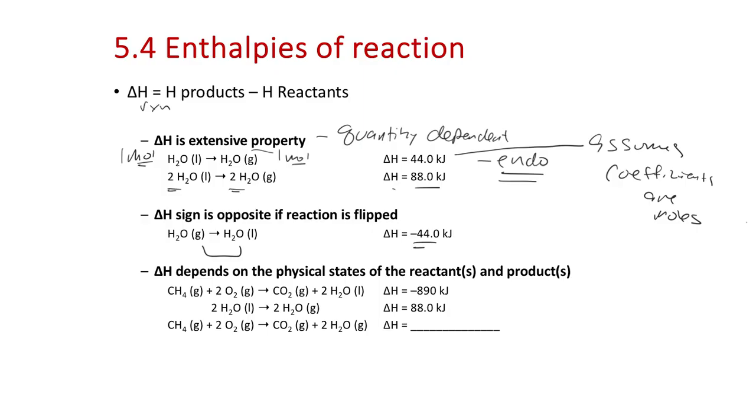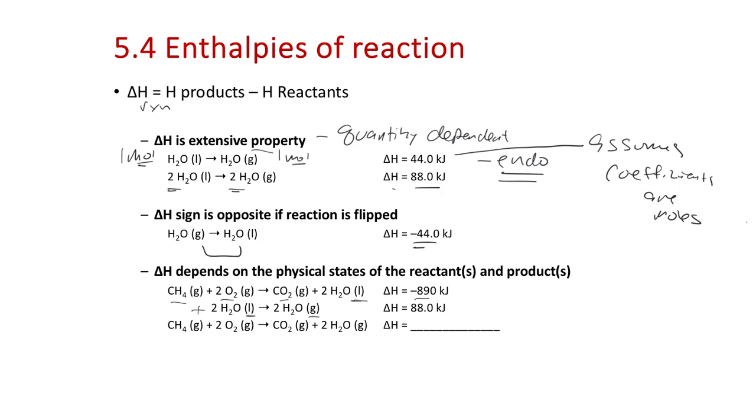And then delta H depends on the physical states of the substances. Like I see here, methane plus 2 O2 goes to CO2 plus liquid water. That has a delta H of minus 890 kilojoules. And earlier, we saw that liquid water to gaseous water was 88.0.